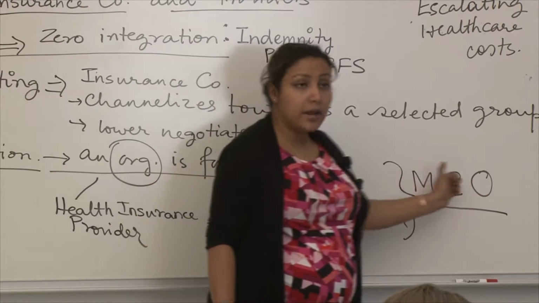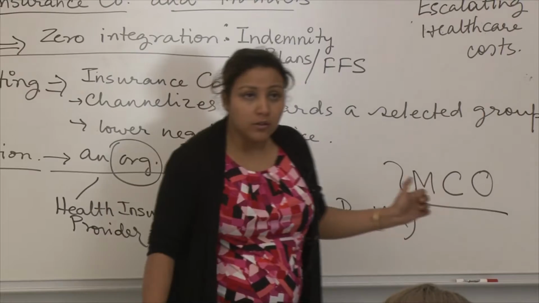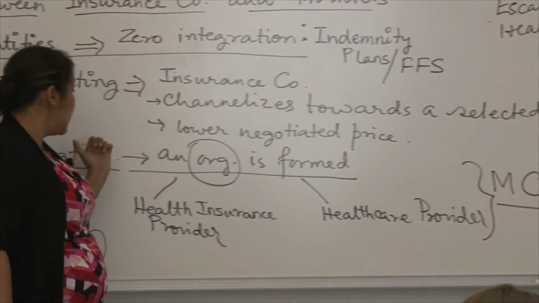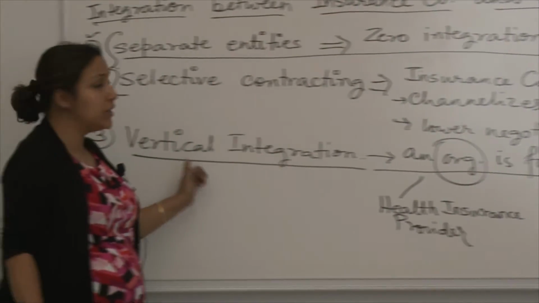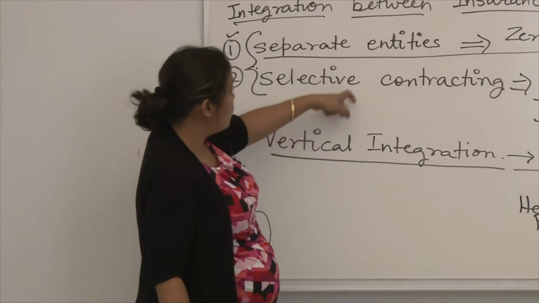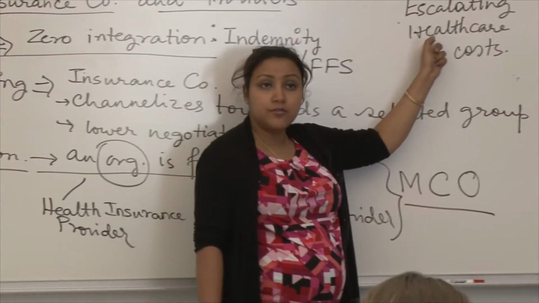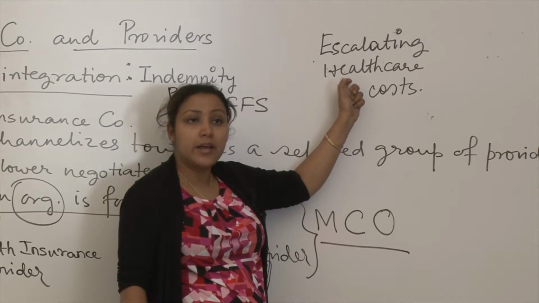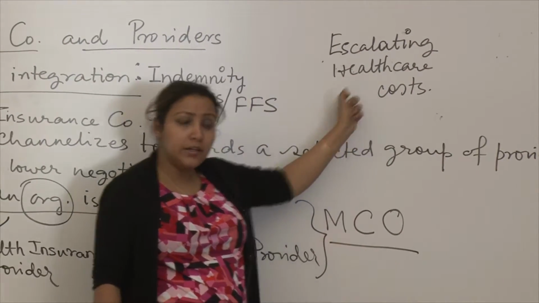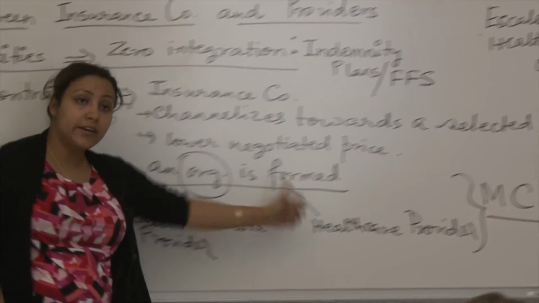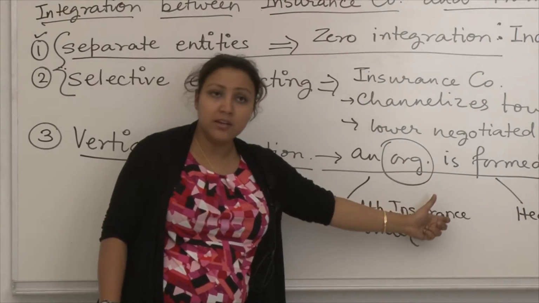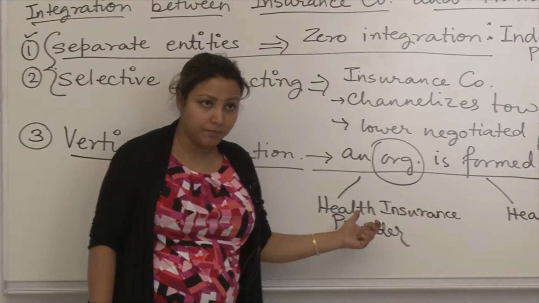But while they are able to integrate so much, when I started, I said that the objective of this vertical integration was to find an answer to the problem that resulted from the first two, which was higher healthcare costs. So obviously, while these two are integrating, there must be something for the patients also. Okay?